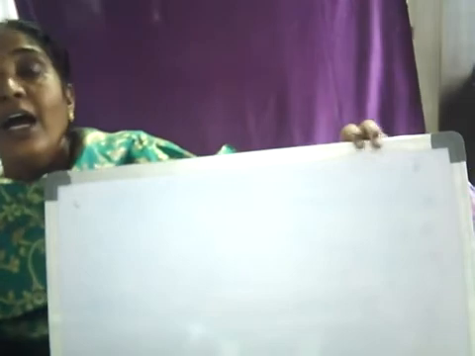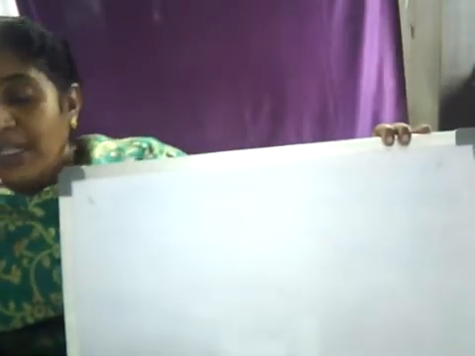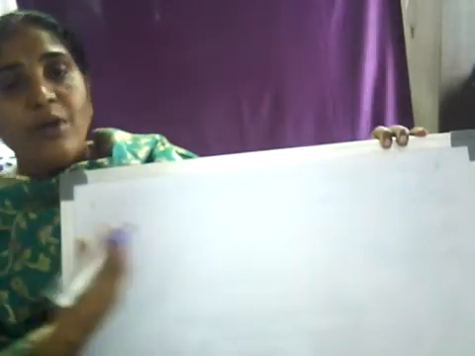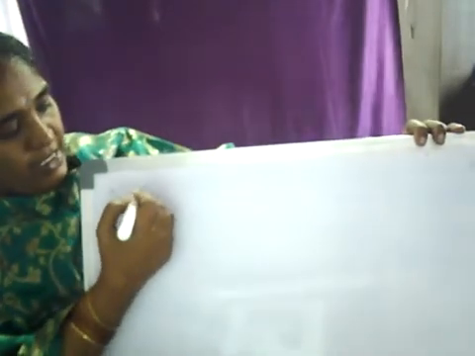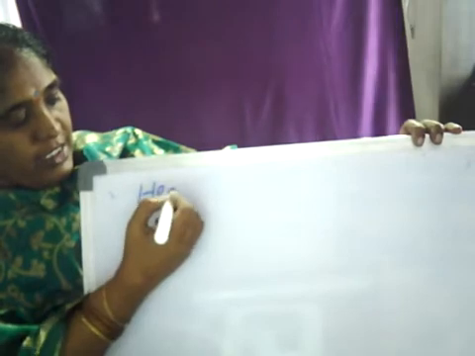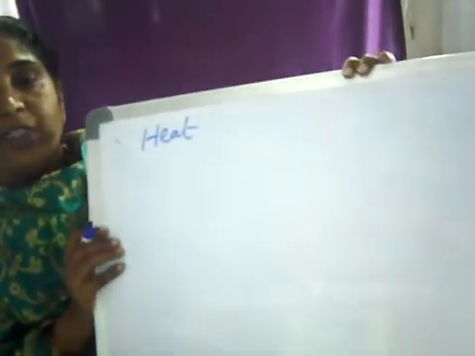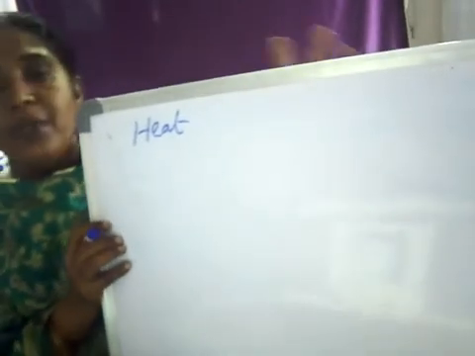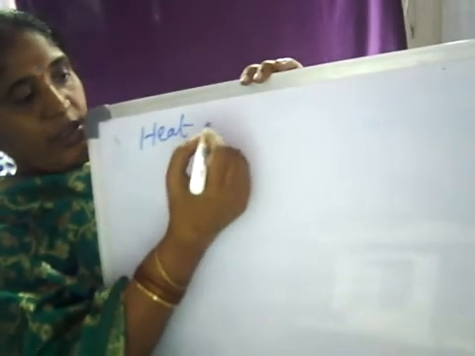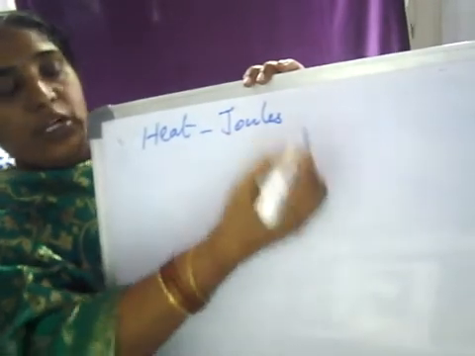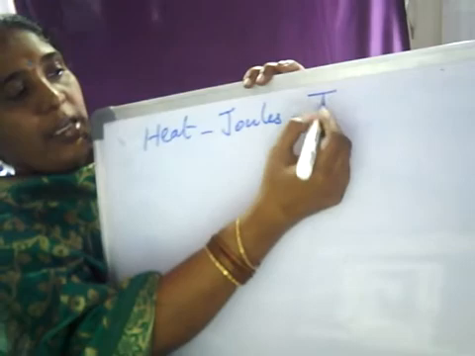And heat is measured in joules. So the topic we are going to discuss today is about heat, right? So this heat energy is measured in joules, usually represented by capital J.